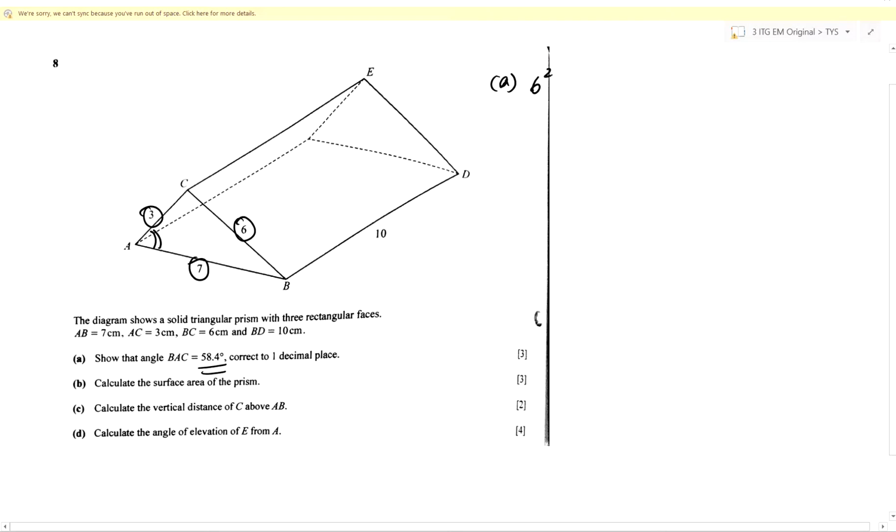So using our cosine rule, 6 squared equals 3 squared plus 7 squared minus 2 times 3 times 7 cosine BAC. Now we need to manipulate and make cosine BAC the subject.